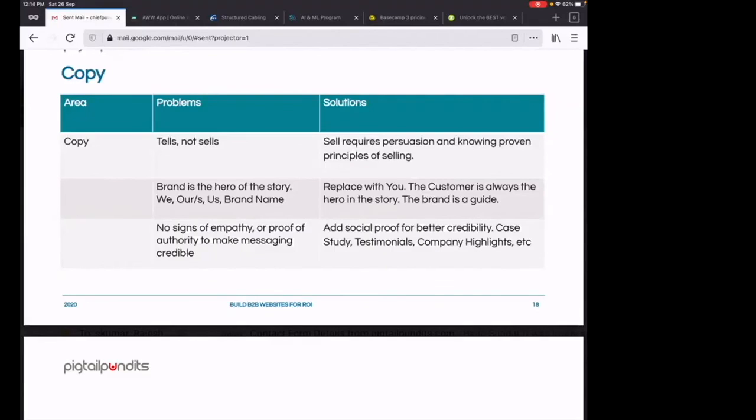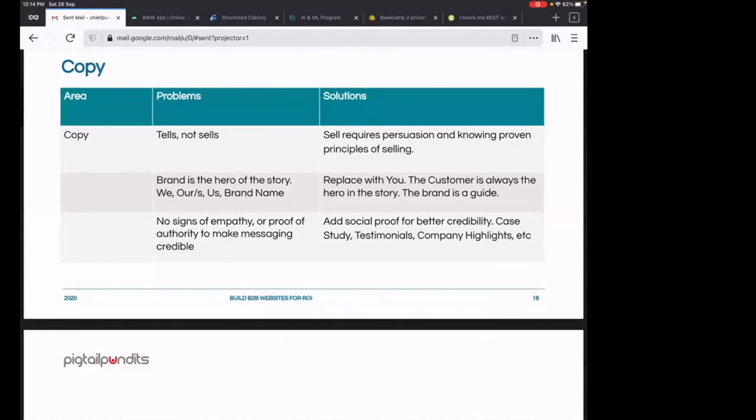Now, when I say social proof, I also mean trust and authority kind of content, which is there in blogs and lead magnets and those kind of content as well, along with case studies and testimonials. Now, if it has all this, then it is pretty mature selling happening on that particular website. If it doesn't have this, then it shows that there is a lot of scope for improvement.